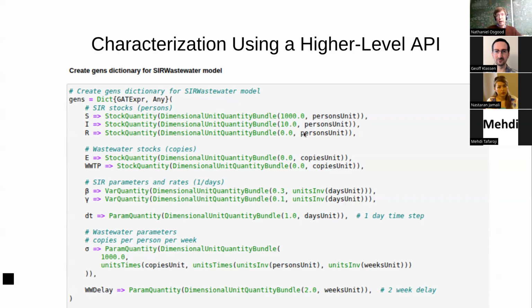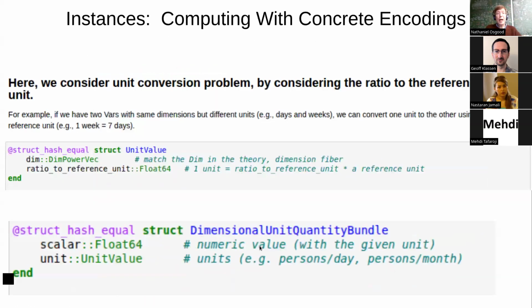They carry value, yes, but they carry units, and the units are fibered over dimensions. So the unit will tell us about its dimension. A given unit knows it's a unit of this dimension. That's my base, right?